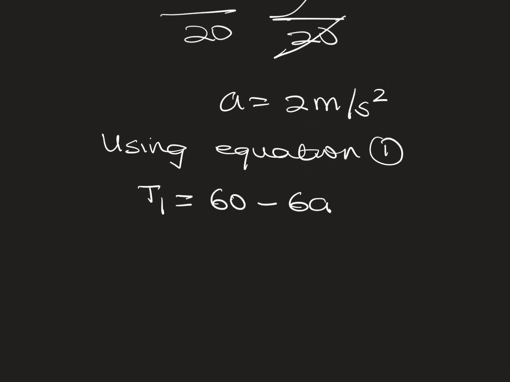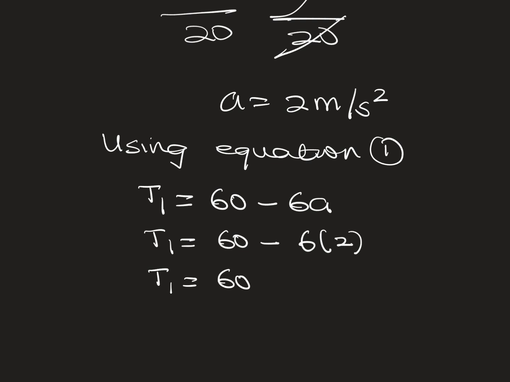Substituting the values, tension 1 is equal to 60 minus 6 times the acceleration, which is 2. Tension 1 is equal to 60 minus 12, which is 48 newtons.